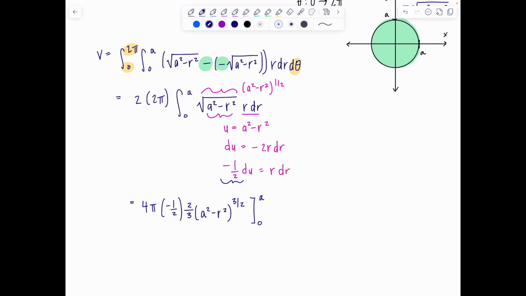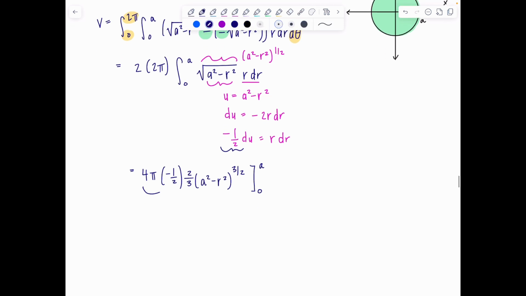Then we have out here just a cute little negative 4 pi over 3, right? Because those 2's cancel. And then if I plug in a for r, a is a constant, yes, yes, yes. We have a squared minus a squared to the 3/2 minus a squared minus 0 to the 3/2. Okay, so this is gone.